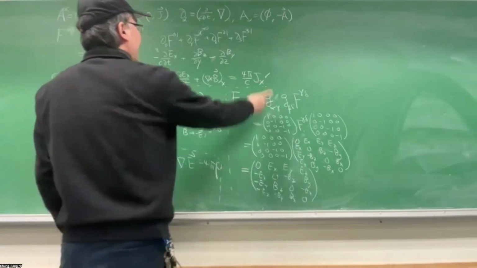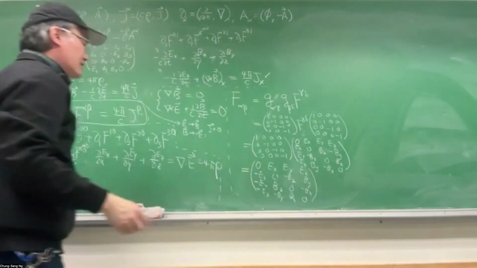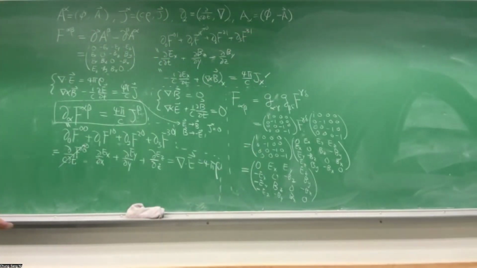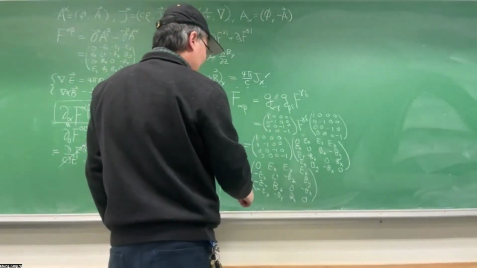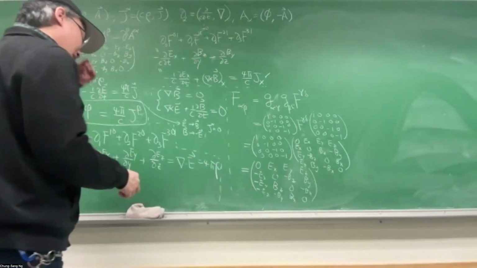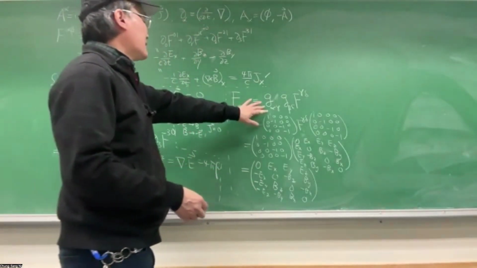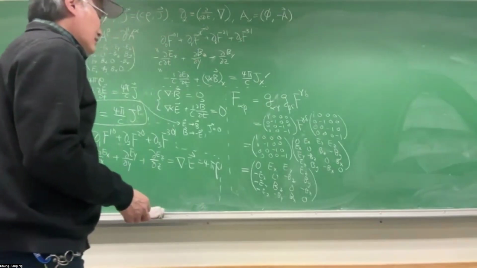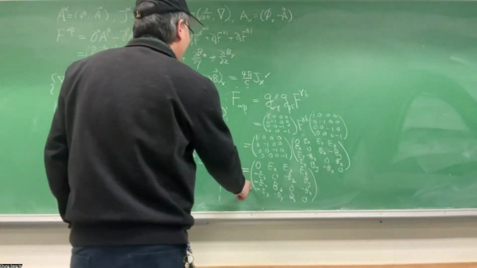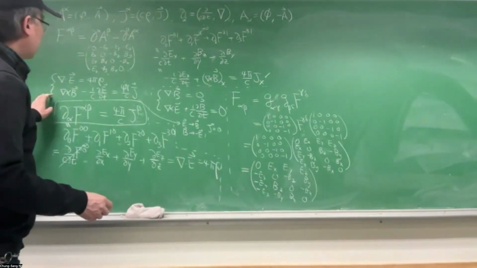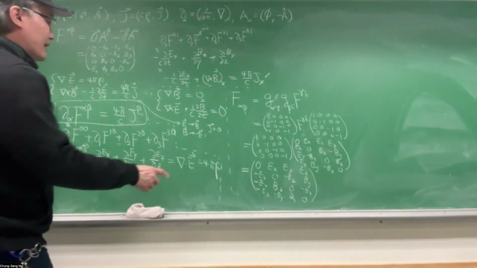So this is slightly different, but the reason is actually the same. Okay, and these are restricted to Minkowski space, right? If you have a more complicated metric tensor, this obviously doesn't work.